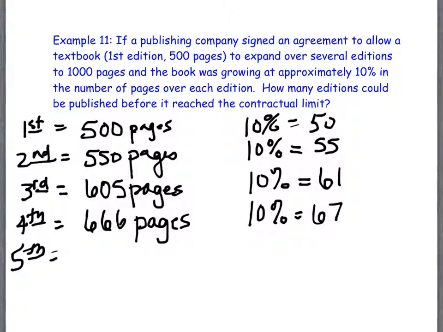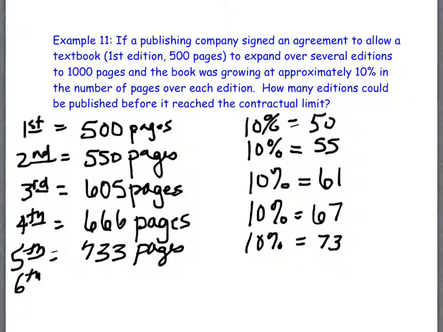What's the 666 plus 67? 733. 10% of that? 73. What's my sixth edition going to be? 806. Did I hear that right? Okay.